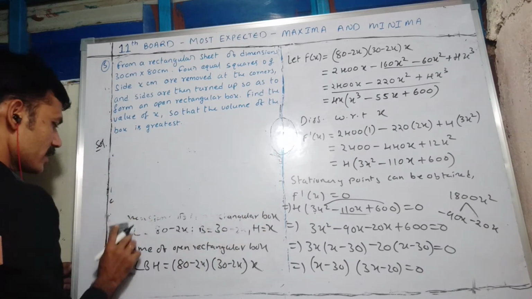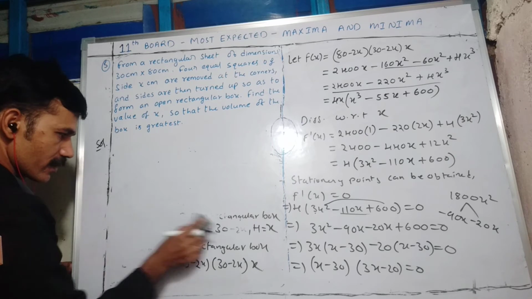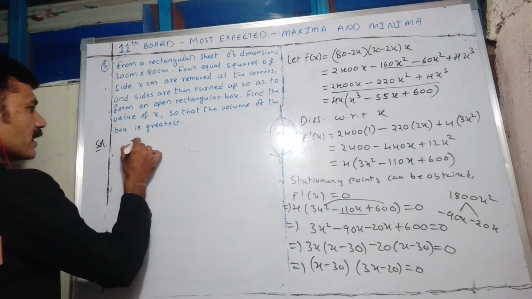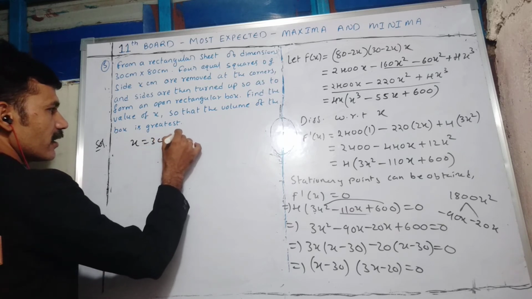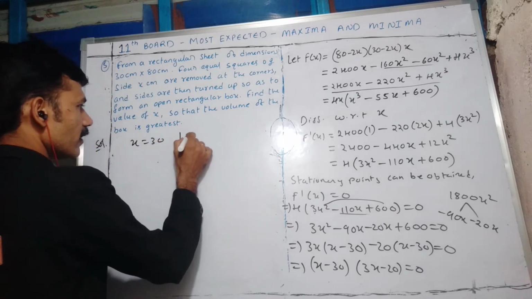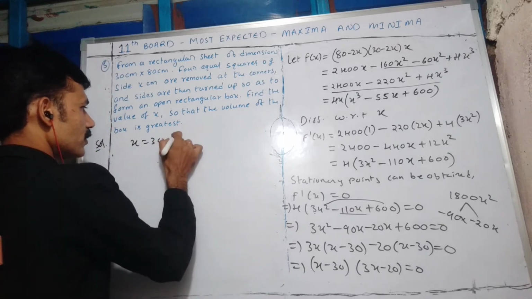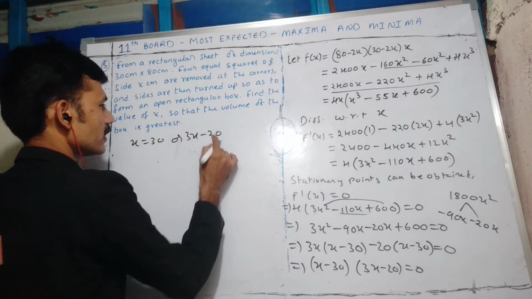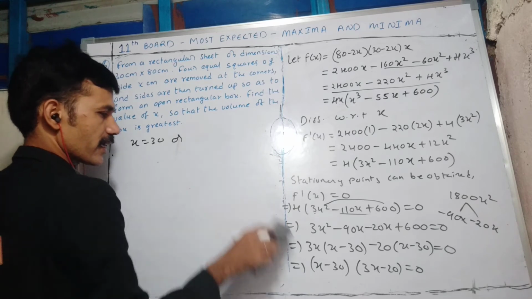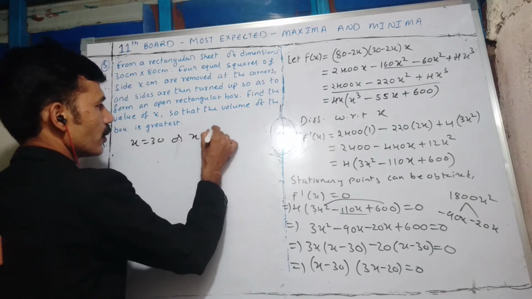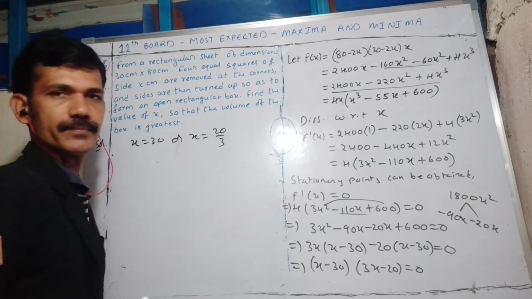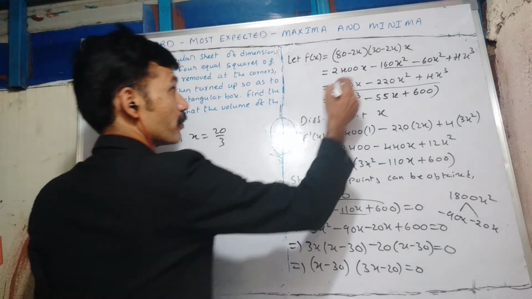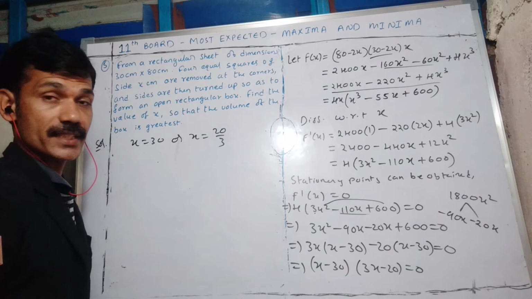What are the zeros? One zero is x = 30 and another zero is 3x − 20 = 0, that means x = 20/3. See, earlier we got the breadth as 30 − 2x, no?